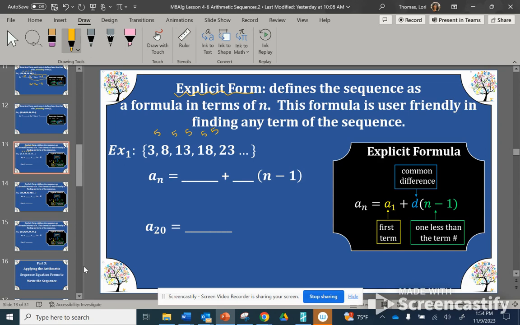So in this one, the explicit formula, we will fill in the blank. We will fill in our first term, and then we will fill in the common difference. These two things I'm circling are the fill in the blanks. So a sub n, this is the explicit form, which just means the precise, clear form, because we can clearly find any term in our sequence once we fill this in and simplify.